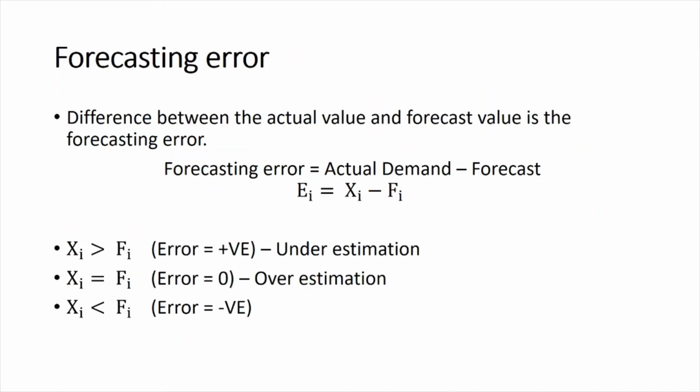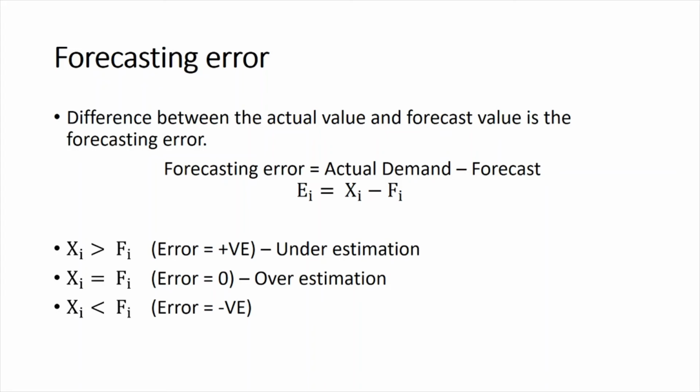Next is forecasting error. So what is forecasting error? Forecasting error is the difference between the actual value and the forecast value. Here xi represents the actual demand, and fi represents the forecast demand. Then forecast error will be actual xi minus fi.